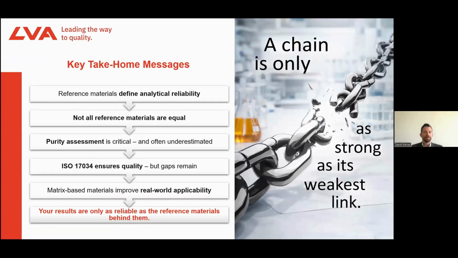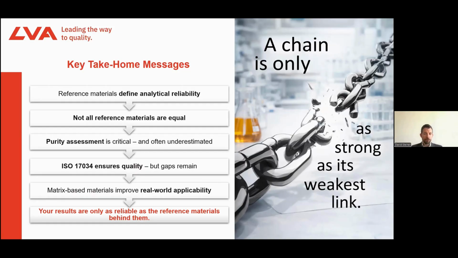So we could see that reference materials are a fundamental element in analytical chemistry, and they define the reliability of our results. However, not all reference materials are equal, and factors such as purity, traceability, or proper quality control play a very important role. As we have seen, advanced analytical techniques alone are not sufficient if the underlying reference materials are not of the highest quality.